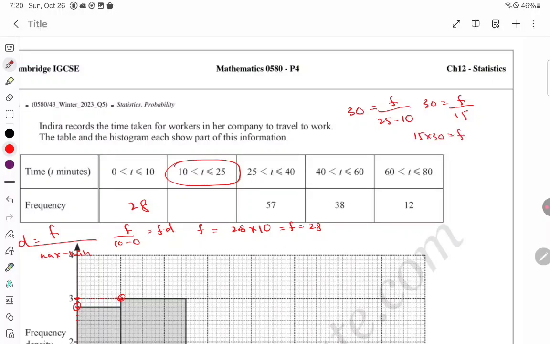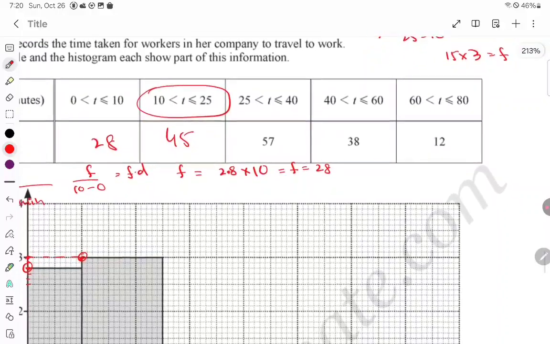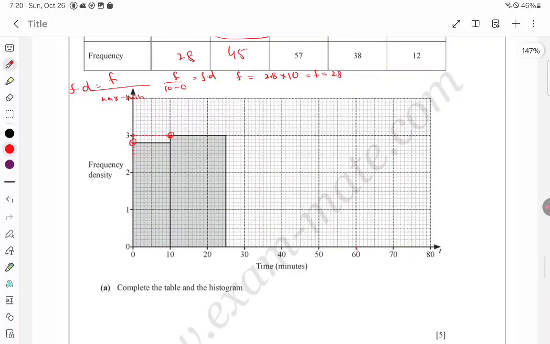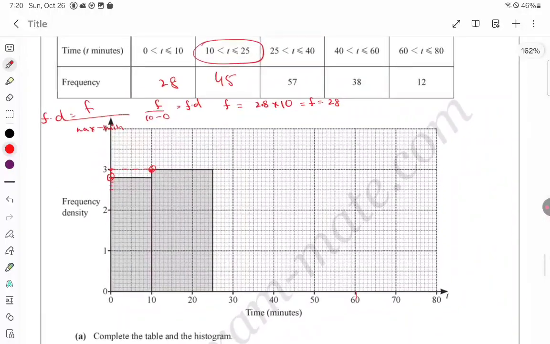The frequency will equal 45, since 3 into 15 is 45. We get our two frequencies. Now complete the table and the histogram.